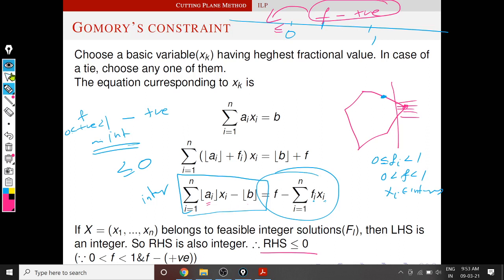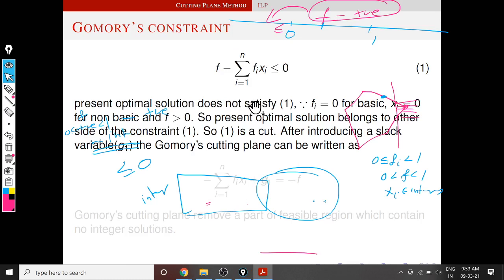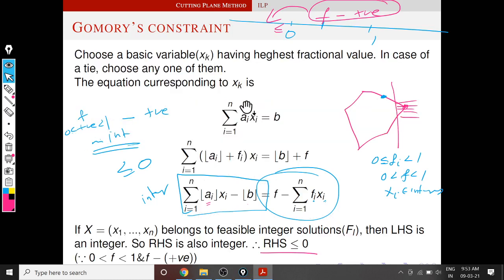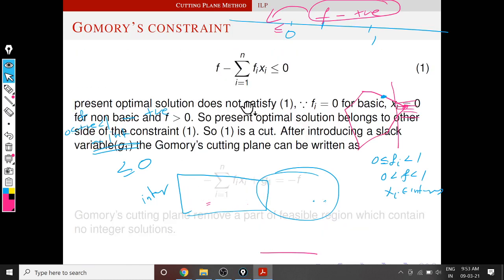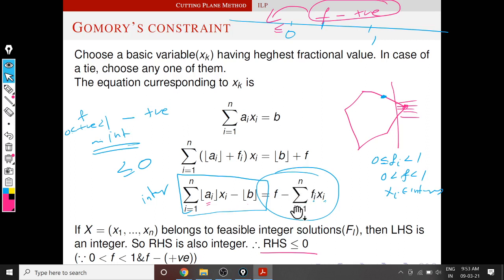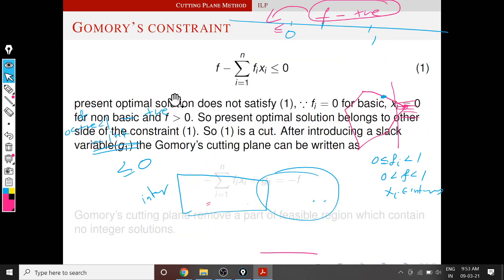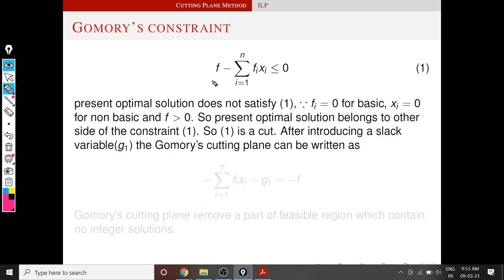So f minus the sum from i equal to 1 to n of fi xi should be less than or equal to 0 if we consider an integer solution.